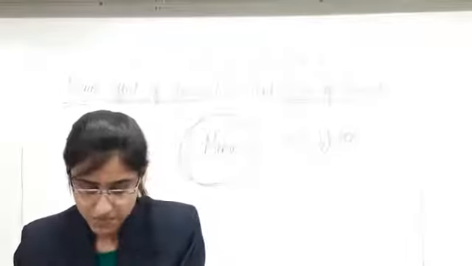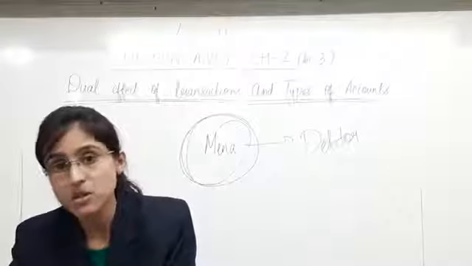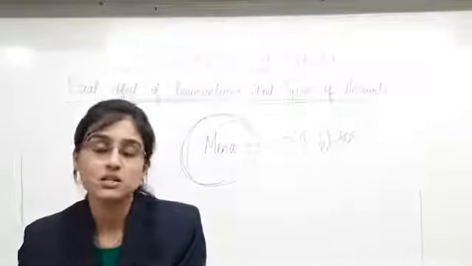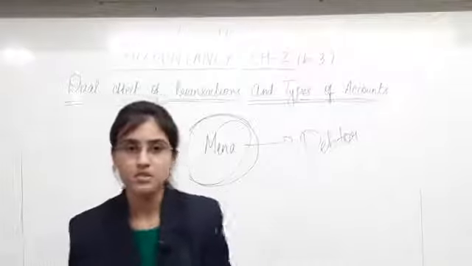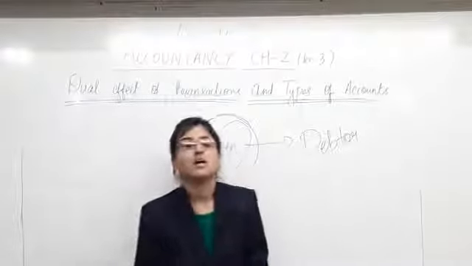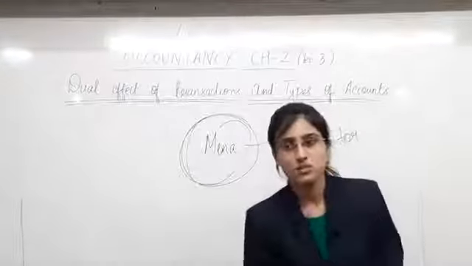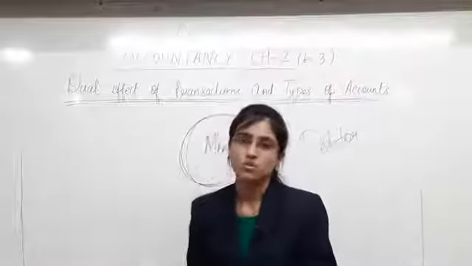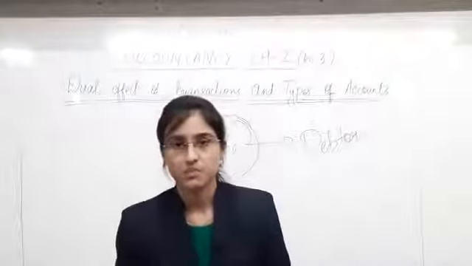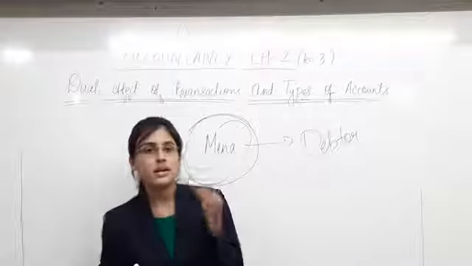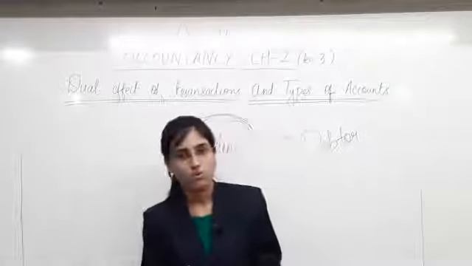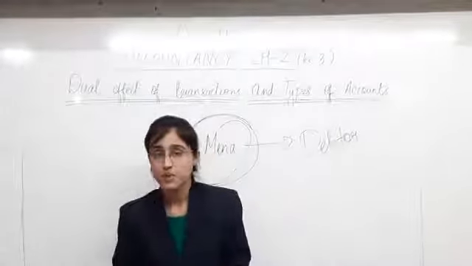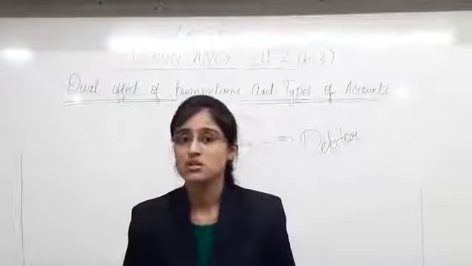the eighth one. Furniture of rupees 5000 purchased from Shriji Furniture. What have you purchased? An asset, furniture. From whom? Shriji Furniture. Did you pay? No, it is not mentioned. Is there any mention of the word cash? No. That means this is not a cash transaction. Is the name of the person mentioned?